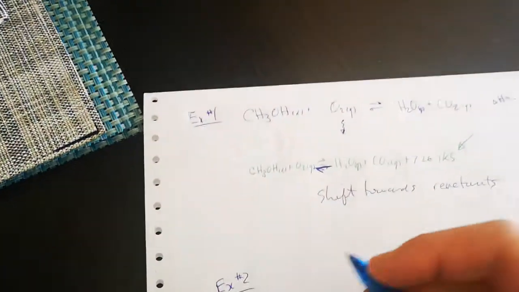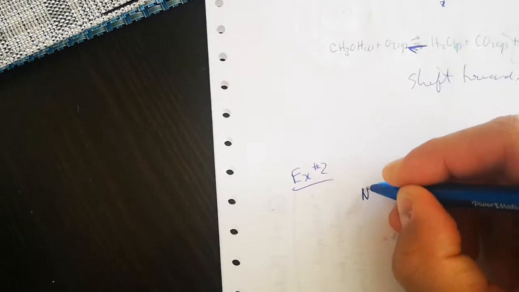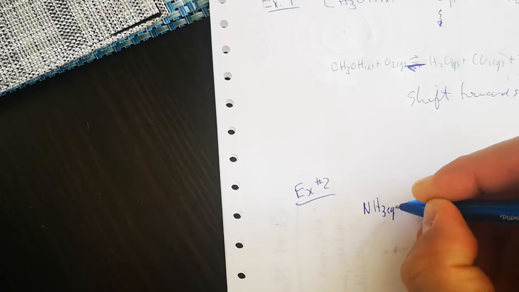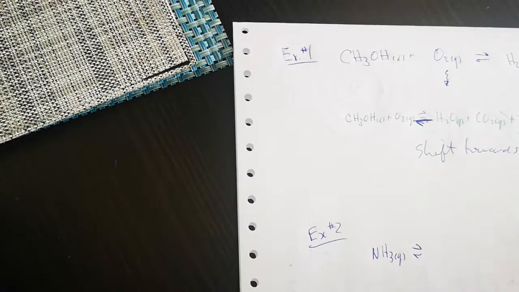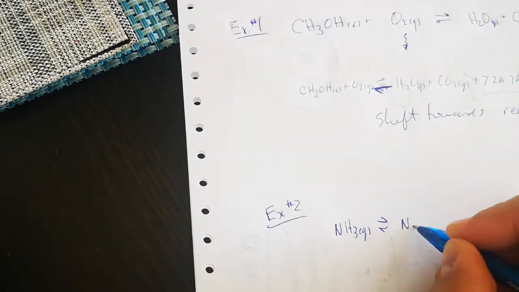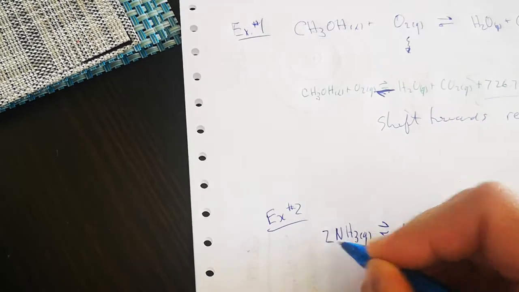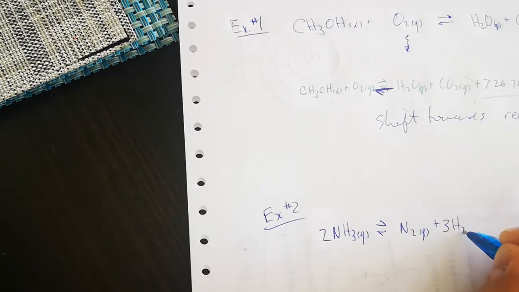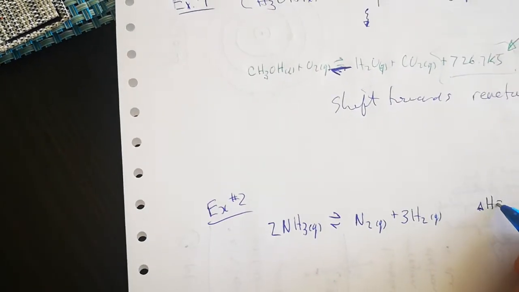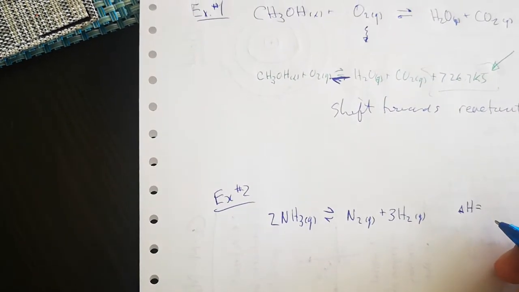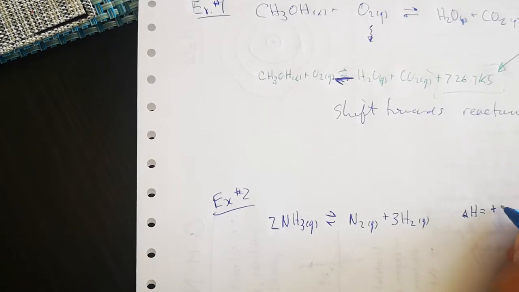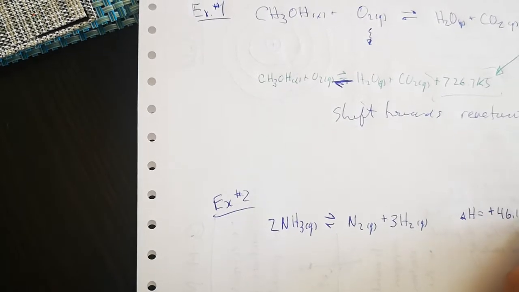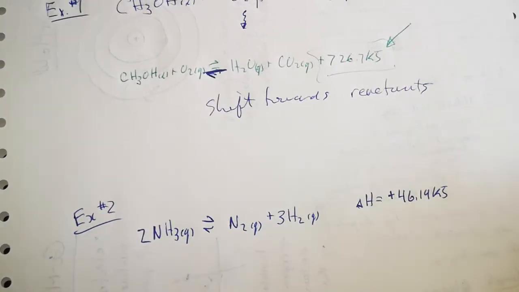So we're told that ammonia will decompose into nitrogen and hydrogen. And our delta H, because energy is required, is a positive 46.19 kilojoules.